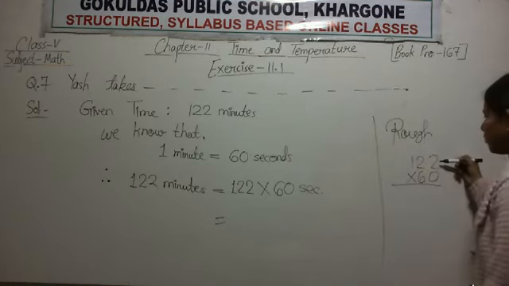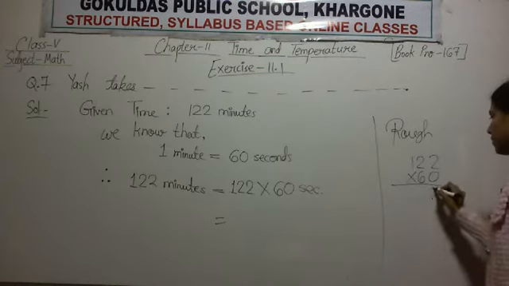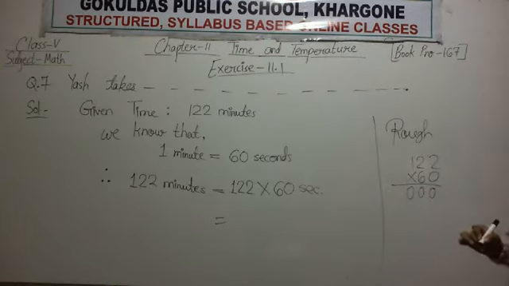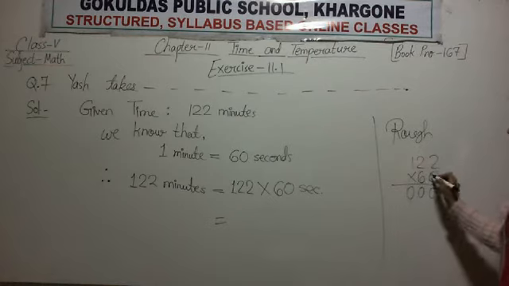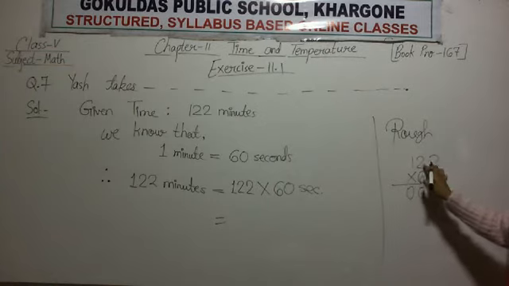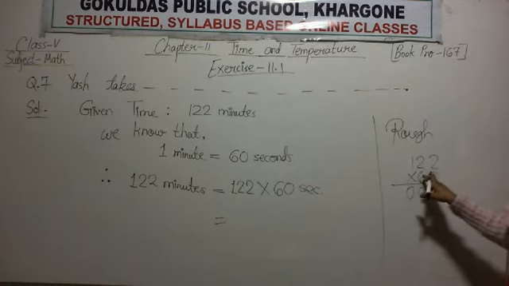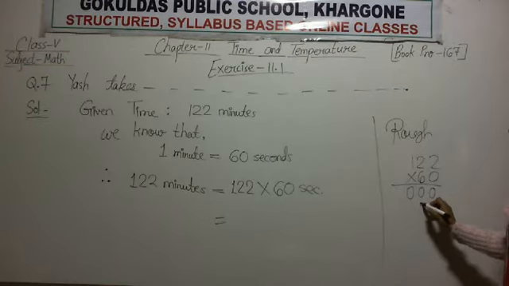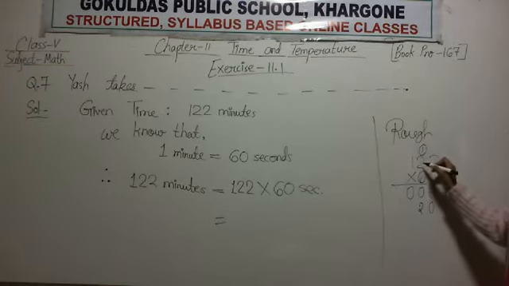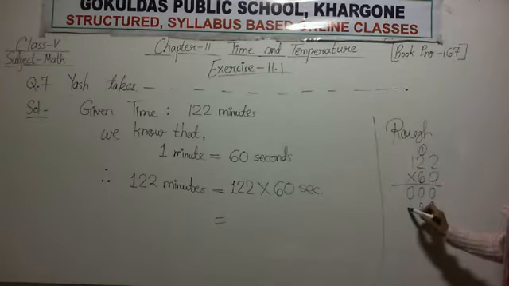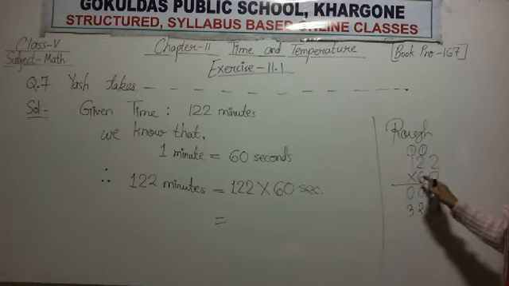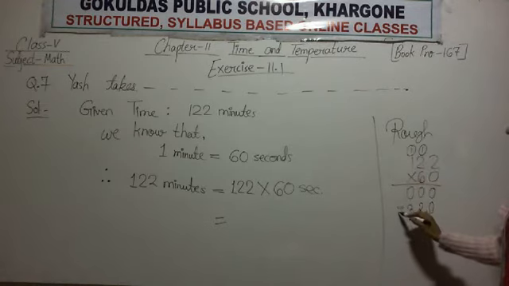If I multiply 0 with 122, my result will be 0, 0, 0, right? Now, I have done multiplication with ones place, so I am putting 0 in the ones column. Now, we will multiply 122 by the tens place, that is 6 here. 6 2s are 12, 2 here, 1 carry forward. 6 2s are 12 plus 1 is 13, so 3 here, 1 carry forward. 6 1s are 6 and 1, 7.